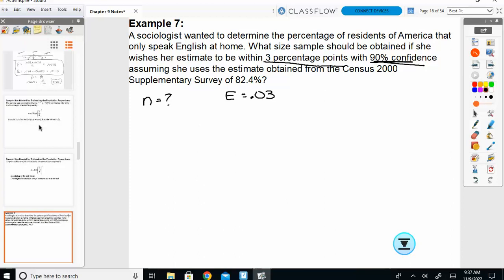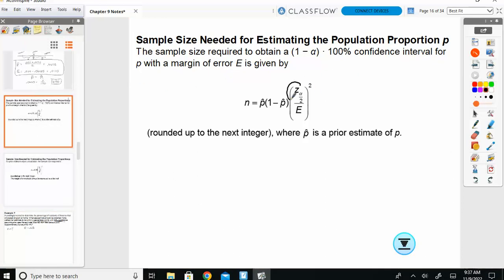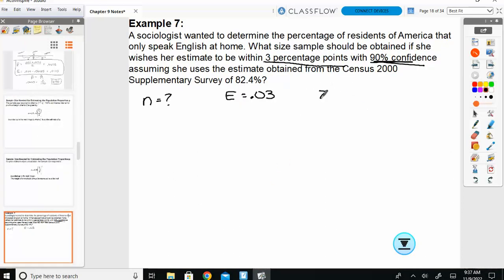What is that confidence level helping me find? The confidence is what tells us what our Z should be. So Z alpha over 2, if it's 90% confidence, what do we use? It is given in the table at the bottom. What's the Z for 90%?